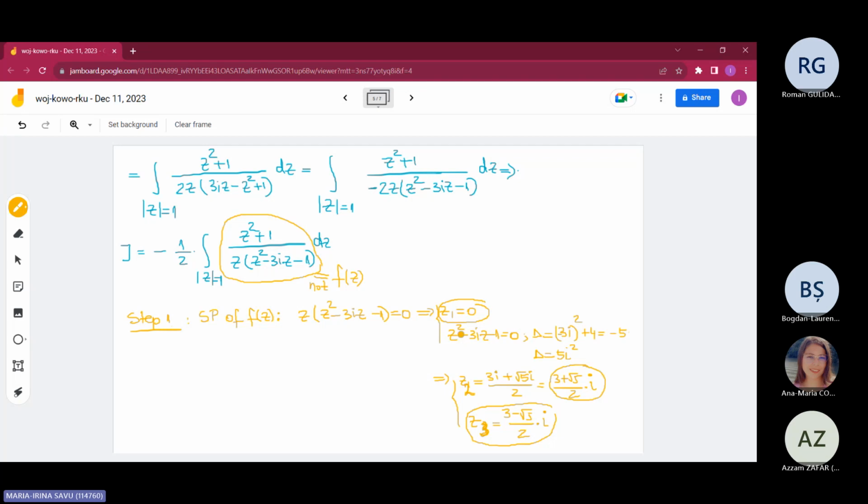Okay, it's fine. But still the value could be something complex, so it's not right. This is not right.